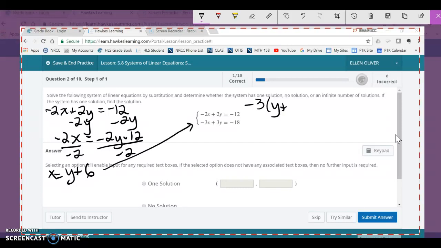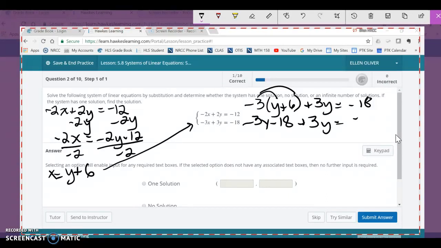-3 times y plus 6 plus 3y is -18. Distribute. -3y minus 18 plus 3y equals -18. Combine like terms. -3y and +3y is 0y, which is just 0.